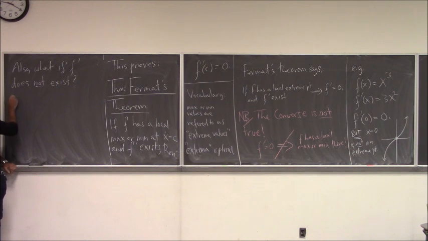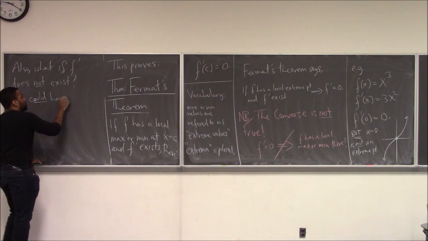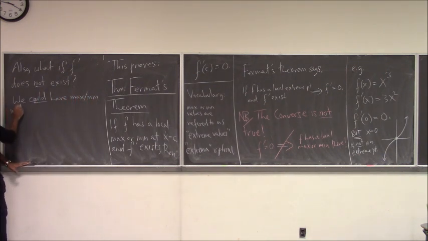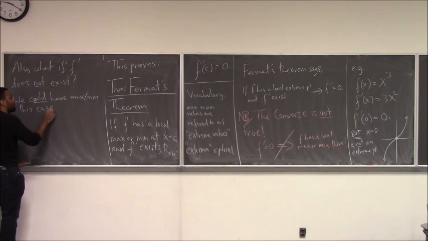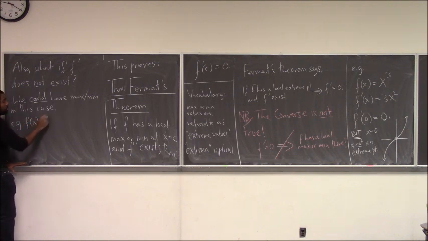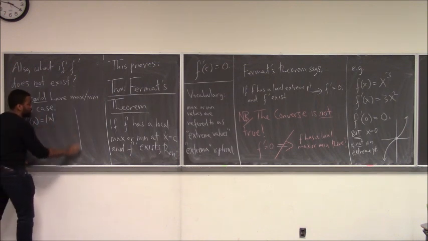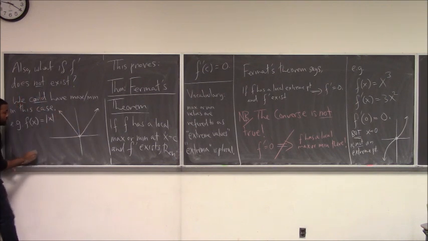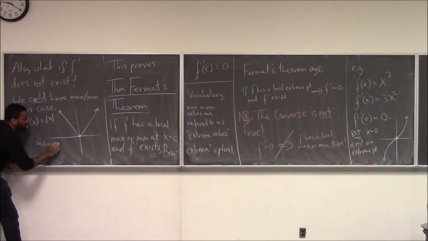And you can notice that we could have maxes or mins here. We've seen an example here as well, the absolute value function. So notice here we have a local min at x equals 0, but f prime is undefined there.